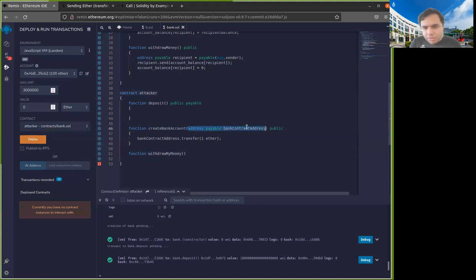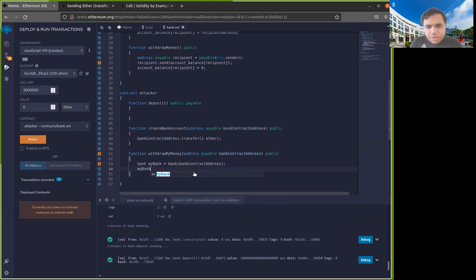And as usual, I will just have to have the address of the bank contract, and it's public, this function. And I just have a bank, which is the bank at that particular address. And I will just call the withdraw function, so the withdraw money function of my bank.